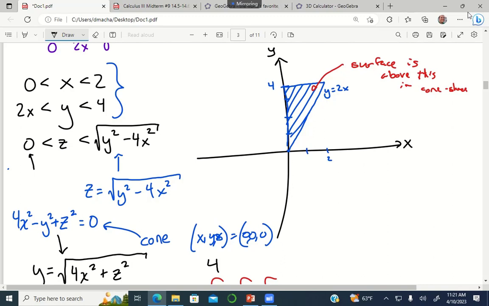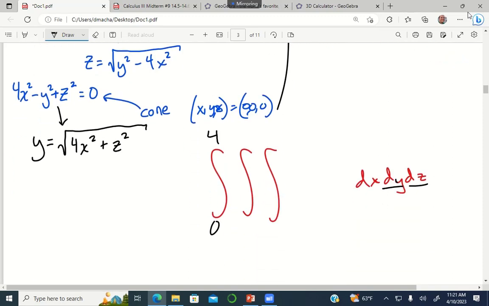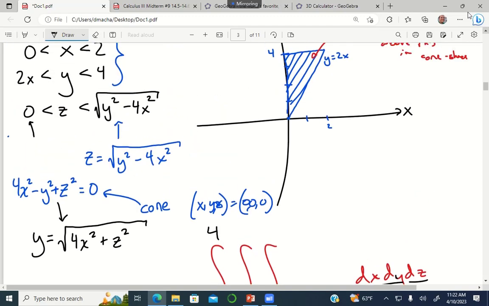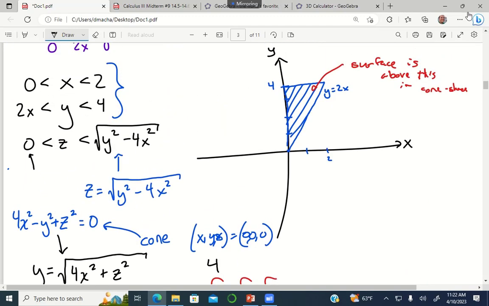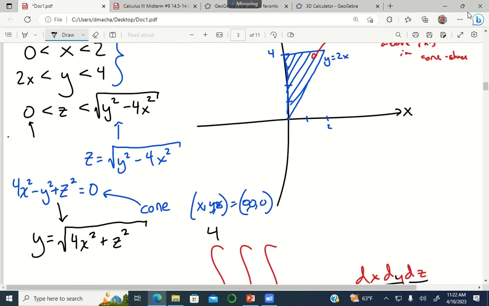The difficulty is that y is allowed to be a function of z, but not a function of x, right? And so this is really tricky to think about. But on the minimum, we can put the 2x in relation to y, and on the max, we can put 4, right?